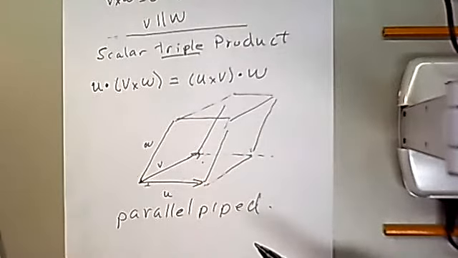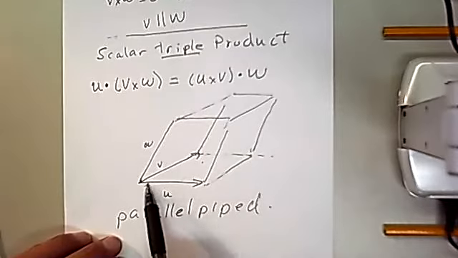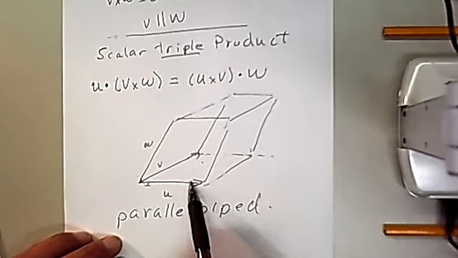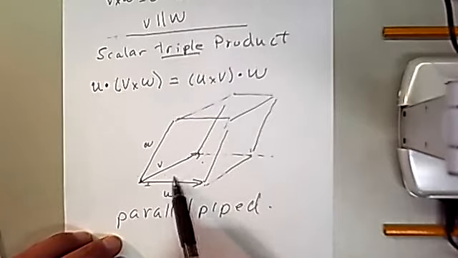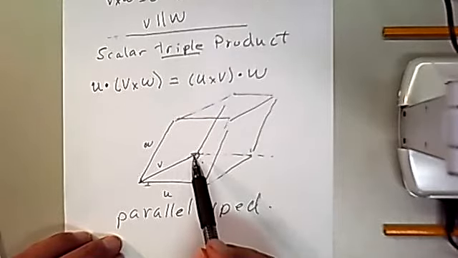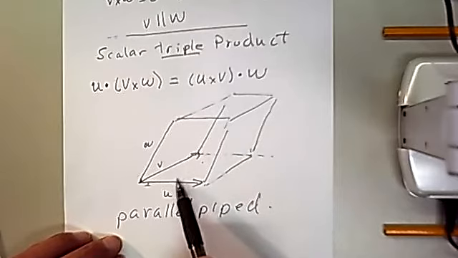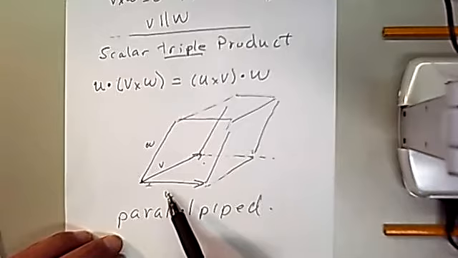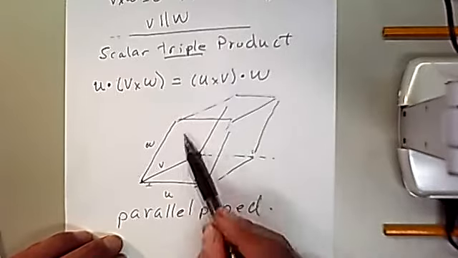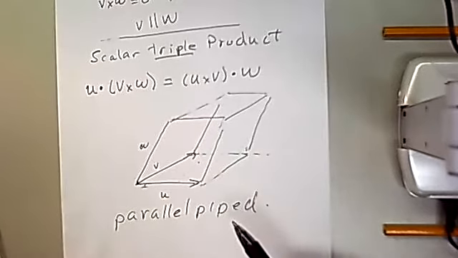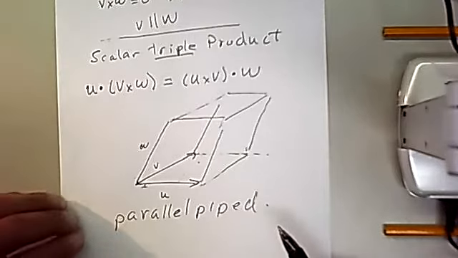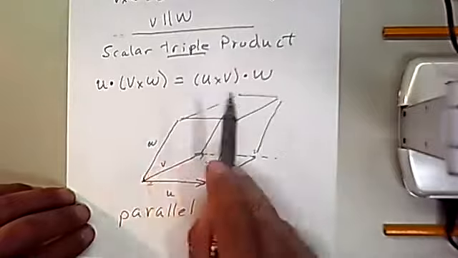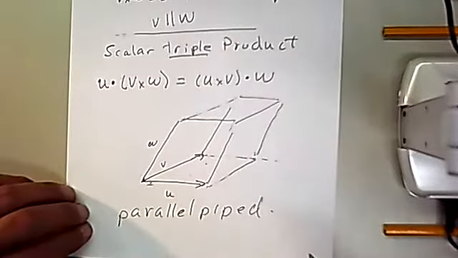And that's how we obtain the volume, because essentially what we have to do is multiply the magnitude of u times the altitude of this parallelogram, which has to do with the cosine, and that's how the cross product gets involved. And then we multiply it with the sine to obtain the height of the parallelepiped, and essentially that's how we obtain the volume. Please practice this to obtain volumes.